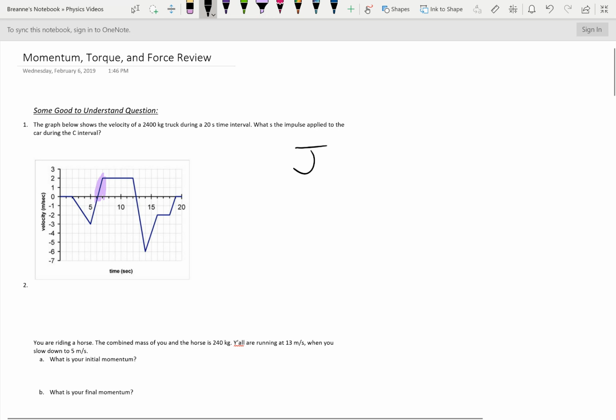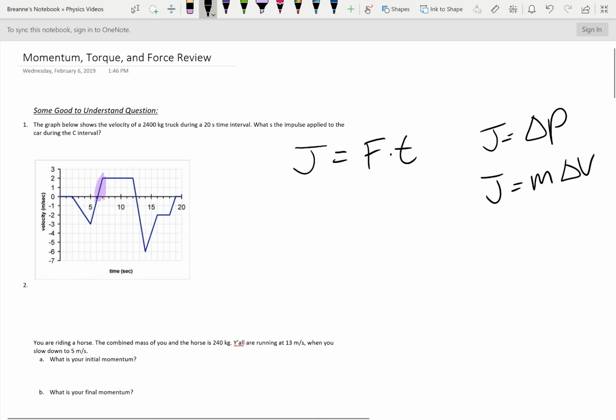So remember that impulse can be force times time, or since impulse is the change in momentum, impulse also can be mass times change in velocity. Now this is a velocity-time graph, so we can figure out the change in velocity. We have the mass of the truck right there.